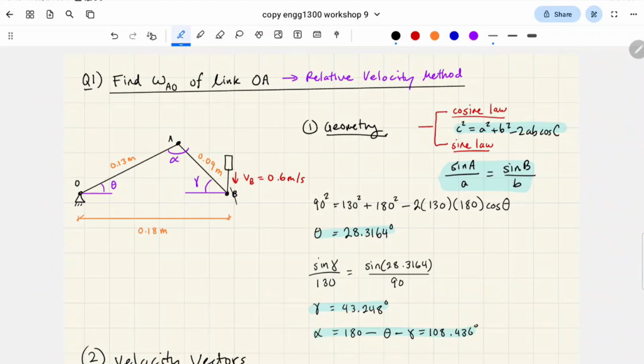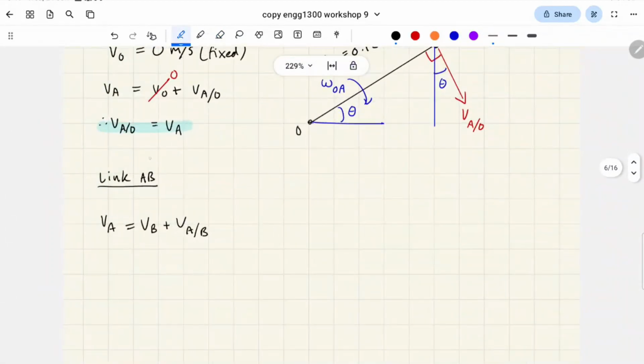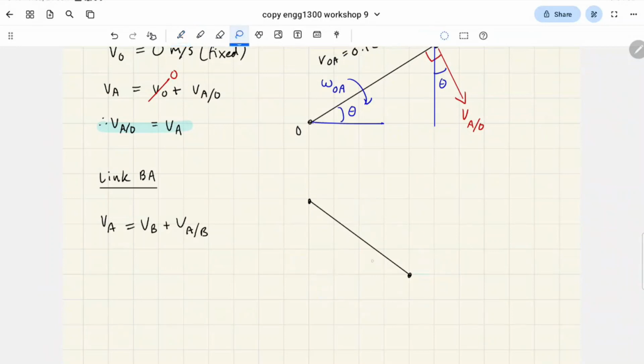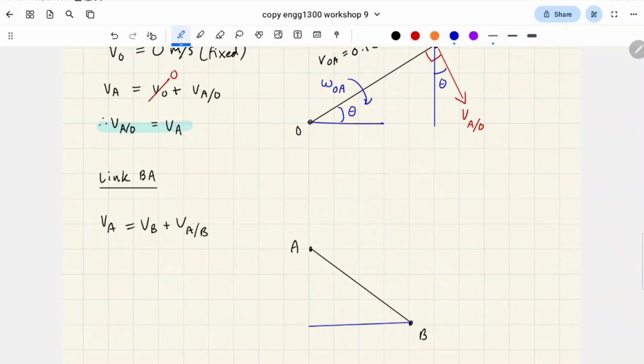So we're going from B to A, right? So it looks like this. We calculated earlier that this angle was gamma, right?